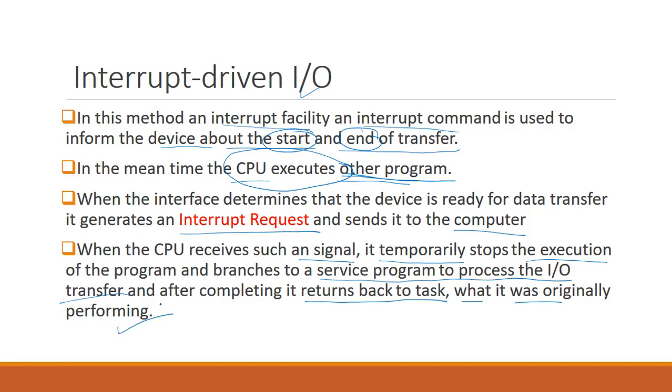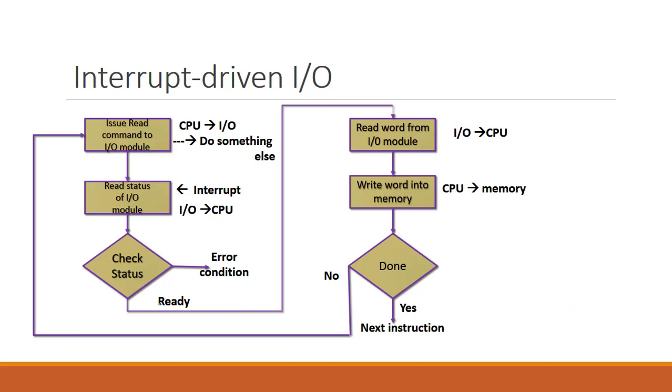So here is the flow chart of interrupt driven input output. Here you can see it is the same as what we discussed before in programmed input output. Here the CPU issues a read command to the input output device and does something else.